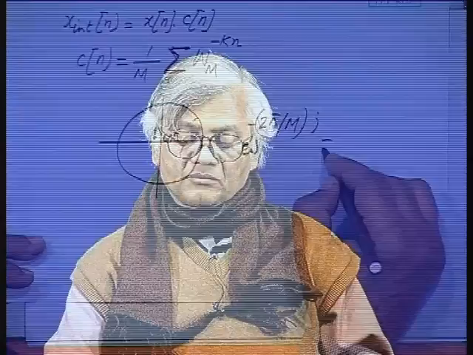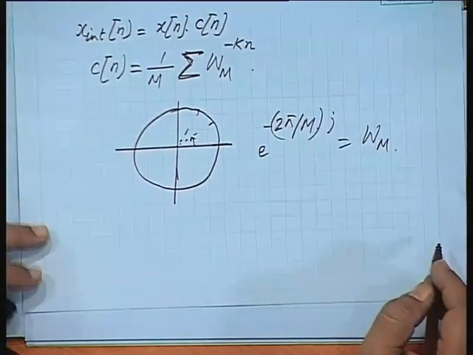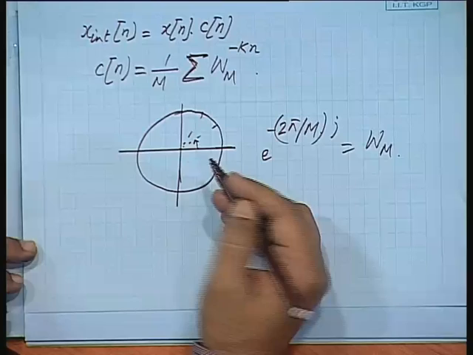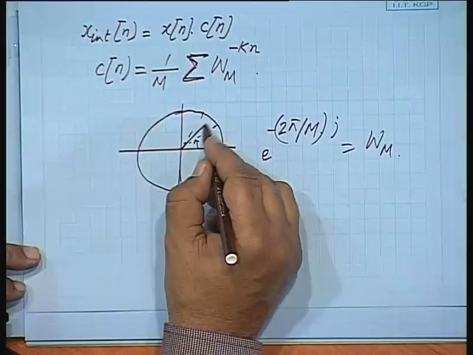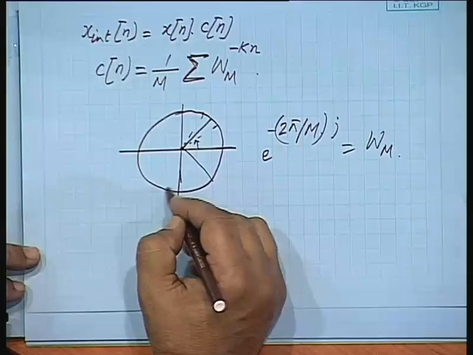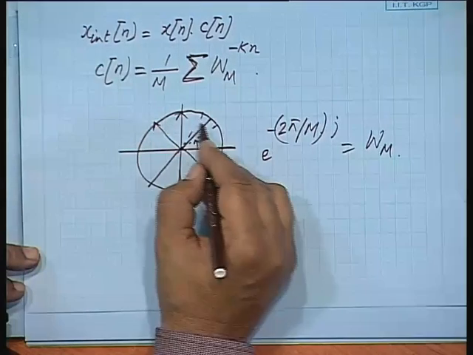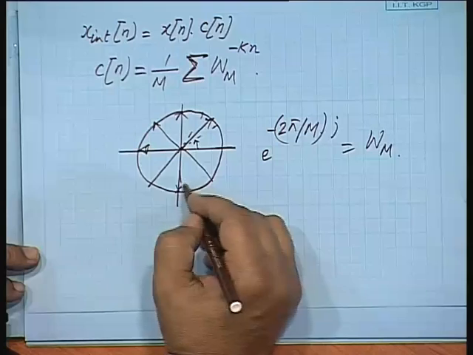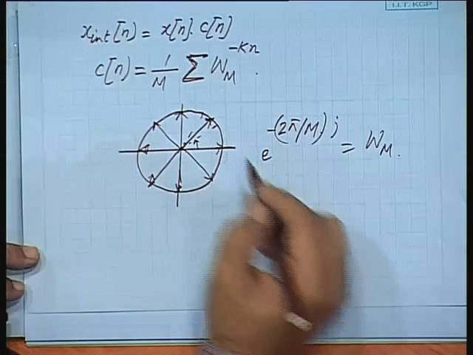So, this is Wm. Let us take m is equal to 8, then what does it mean? 45 degrees spacing like this.